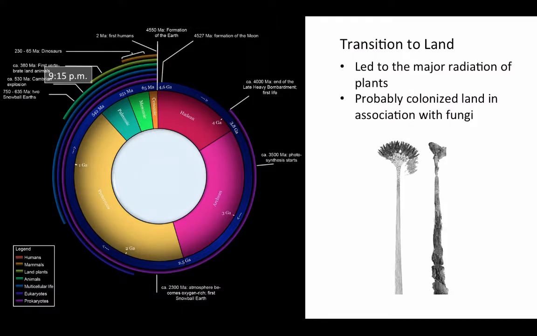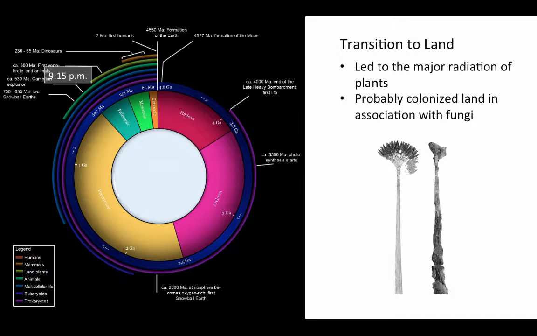So the next major evolutionary event that occurred was the transition to land. The first organisms to come to land were bacteria and other unicellular protists, followed eventually by plants. And so the earliest land plants are seen about 450 million years ago. This is the earliest fossil evidence of land plants.